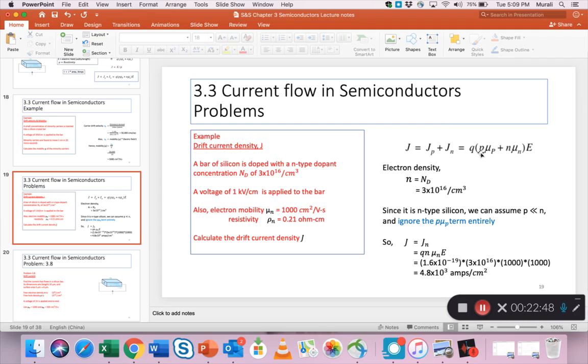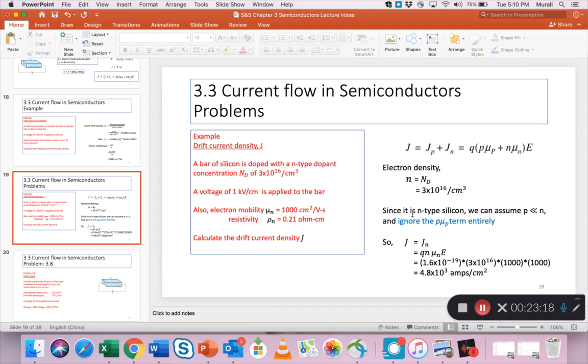So we need the concentrations p and n, and then we need the mobility factors mu p and mu n, and then we need q, which is just the charge of an electron, and then we need the electric field E, which is volts per centimeter. Okay, so electron density n is nothing but the doping density Nd, and that's 3 into 10 to the power 16.